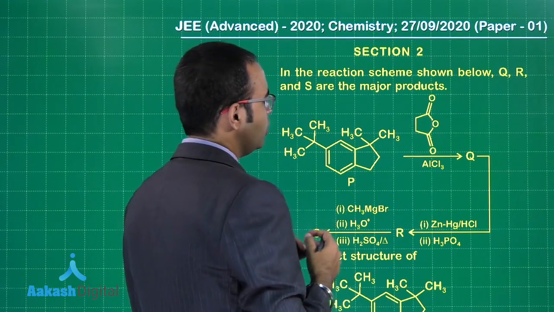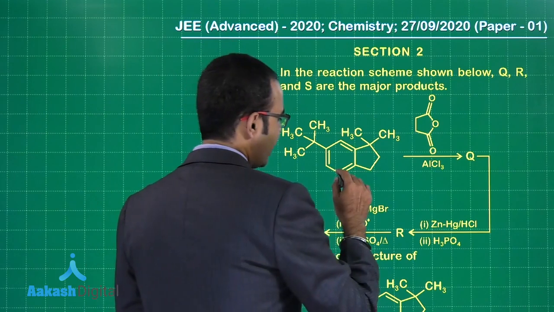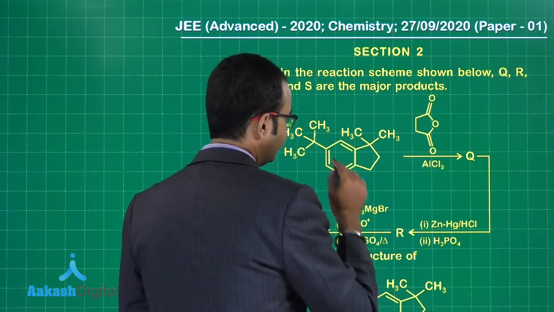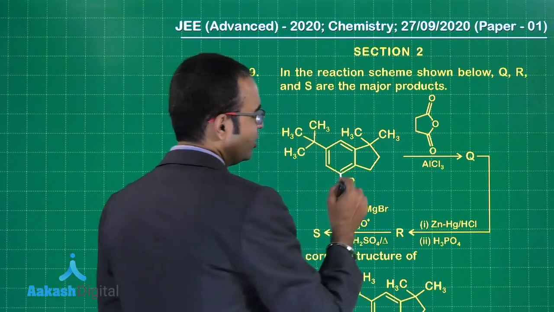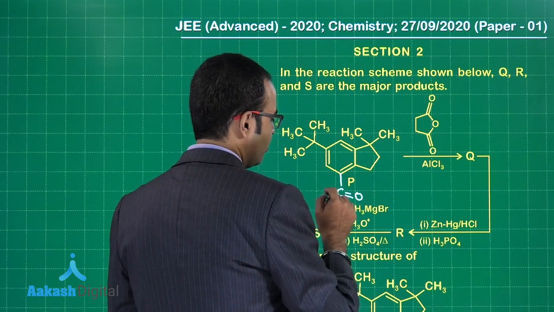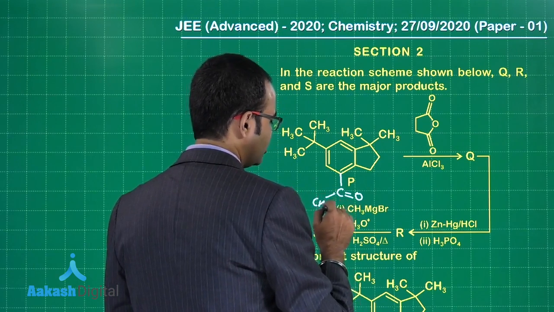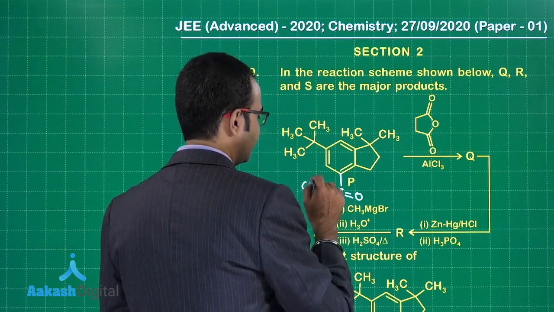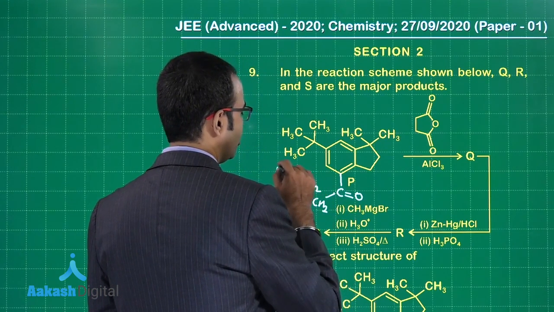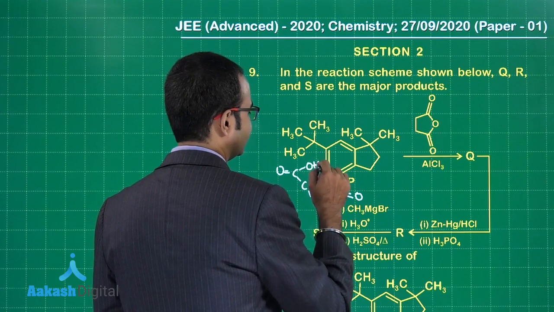Okay. So what will happen is you add at the meta position, meta to the tertiary butyl group. You will get a C double bond O, which is attached to a CH2, which is attached to one more CH2, and then you will have a COOH over here, guys. Yes.